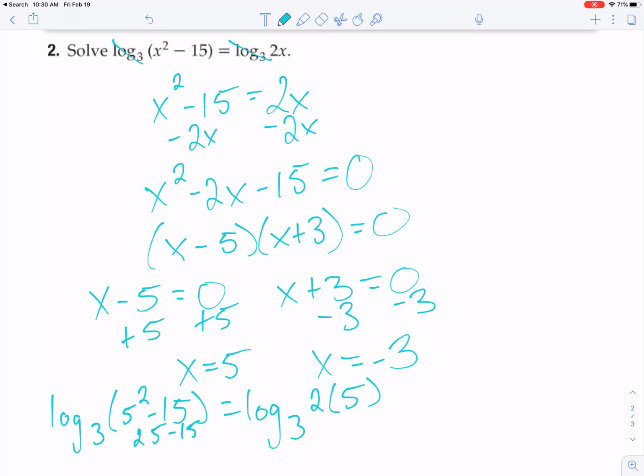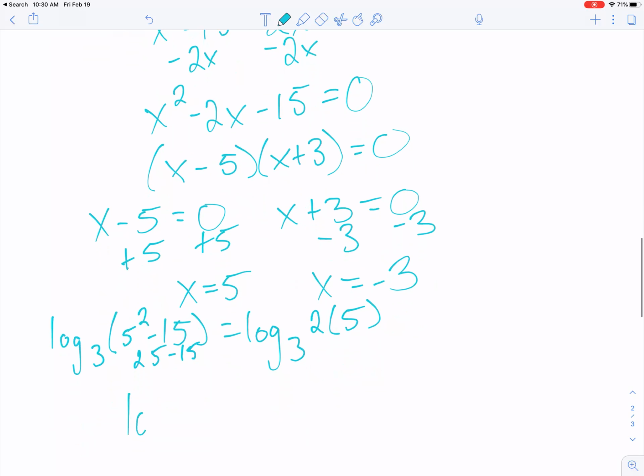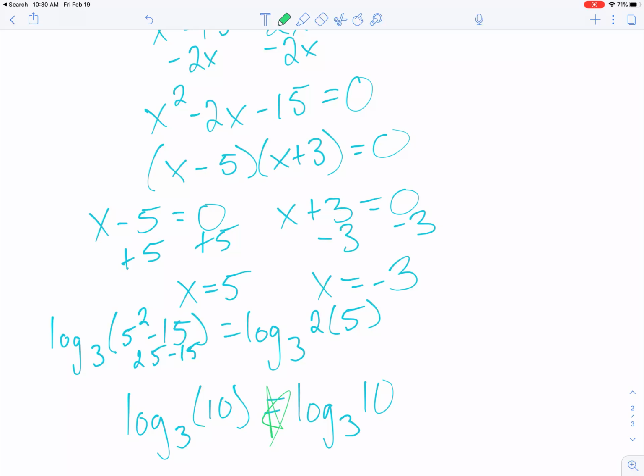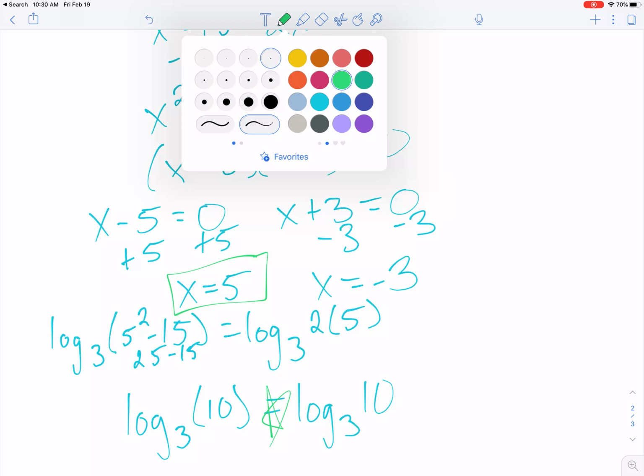So that would be 25 minus 15, so 10. Now, we're not expecting you to do anything with the log base 3 at this time. 2 times 5 is 10. But you should be able to tell if they're the same. And since they are, 5 is definitely an answer. So I'm going to go ahead and box that, because I know it's an answer.